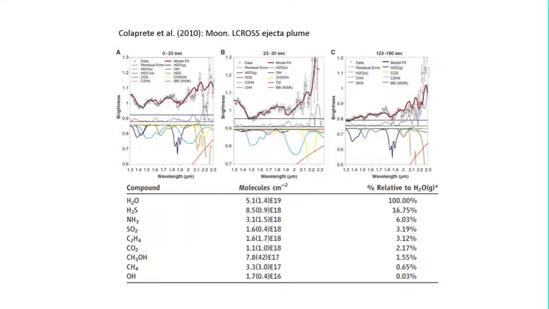And I must say, I'm impressed that they can pull out some of these numbers with all this kind of stuff. But here are the numbers. Water, it's the main constituent, but there's several percent of a lot of other things.